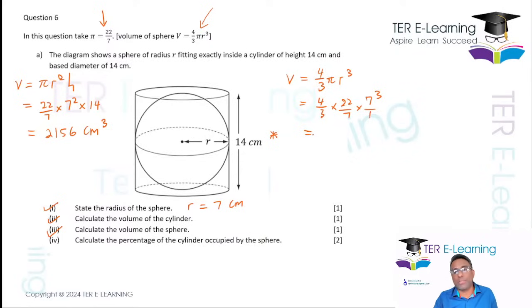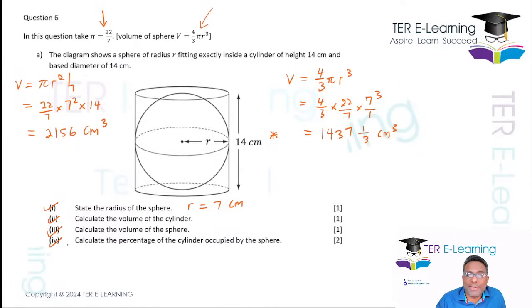When I work this out, according to my calculator, I'm getting 1437 and 1/3 cm cube. That's the volume of this sphere. All I did was use the formula.